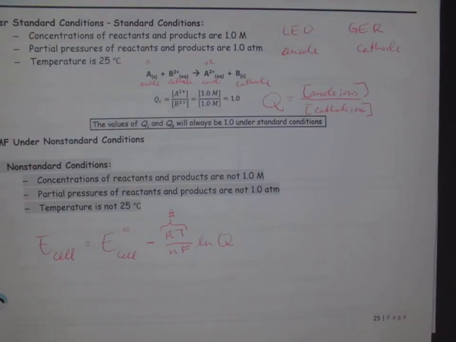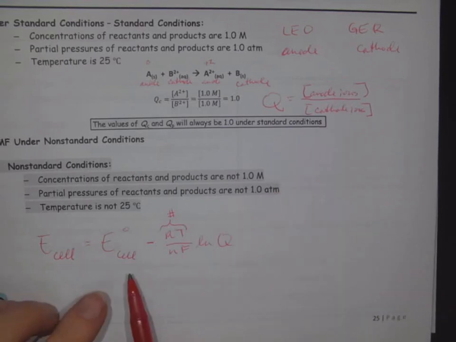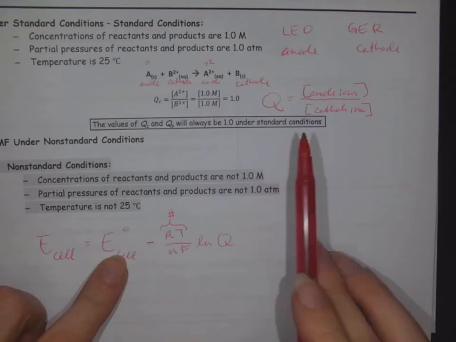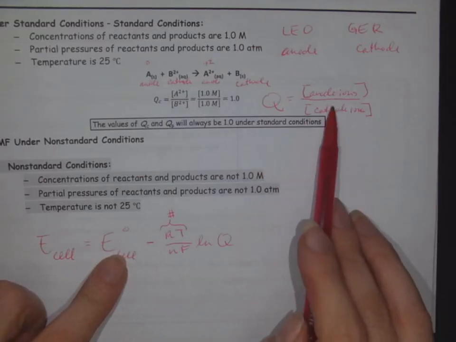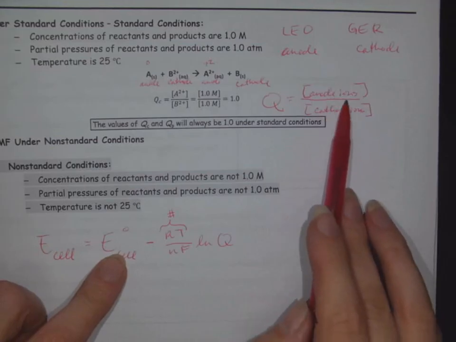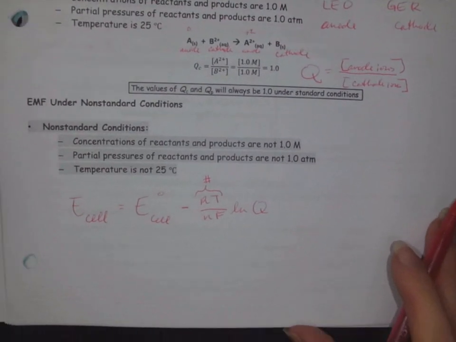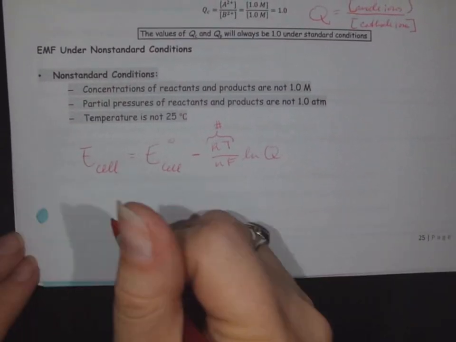We discussed that when these are equal, if it's a standard cell and these are both 1 molarity, the concentration of 1 divided by the concentration of 1 is equal to 1. That is when Q is equal to 1. Let's write 3 of these down. Again, we had them in the notes, but I want to do it one more time.